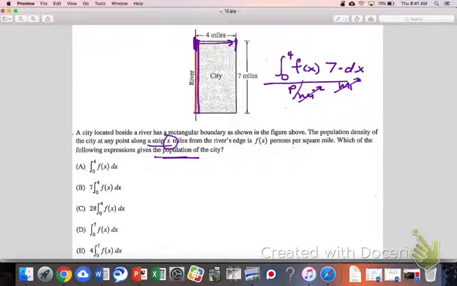When you compare this with your answers, maybe you can see that B is just like it, except the 7 has been moved out of the definite integral as a factor. So I think realizing that each of those pieces has units is really important to decipher what goes where, and then just accumulate to get your limits.